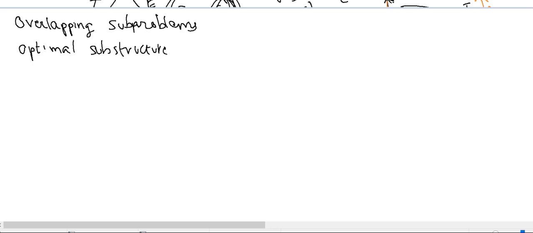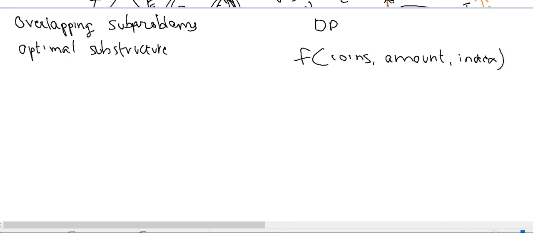Whenever you have these two things, you can convert your recursive solution into the DP solution. Now to convert the recursive solution into the DP solution, you need to remember what were the changing parameters in the recursive function. Which are the parameters that were changing?